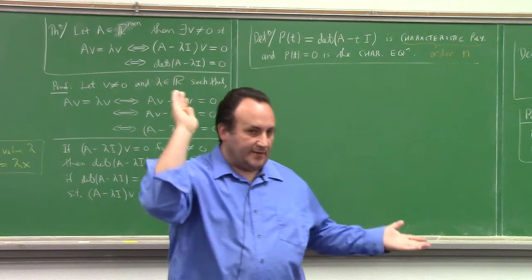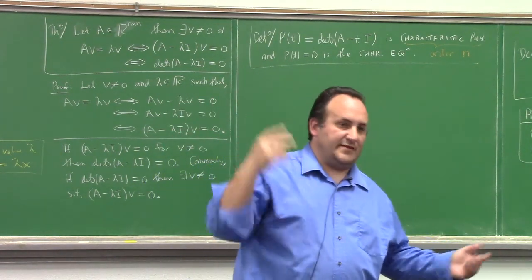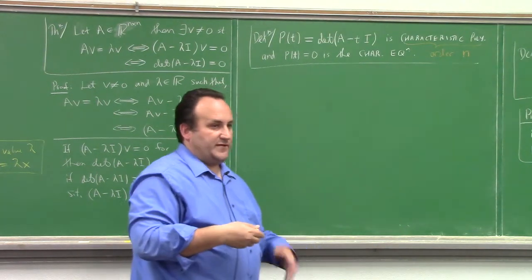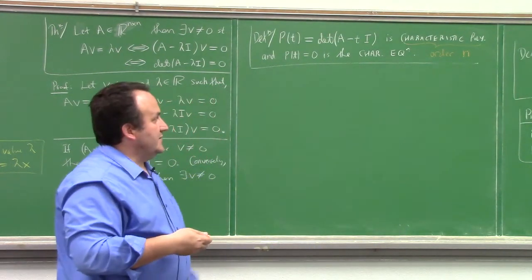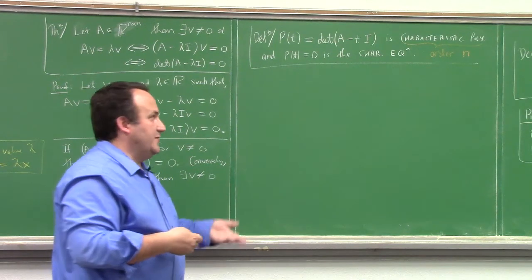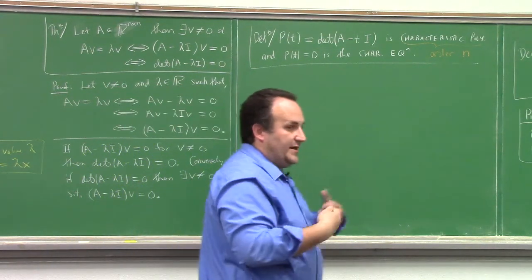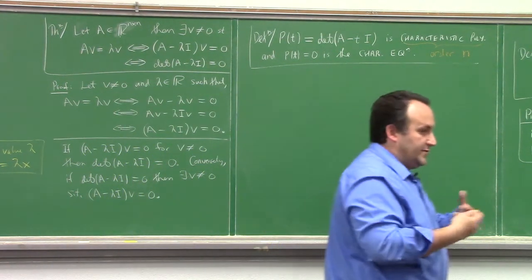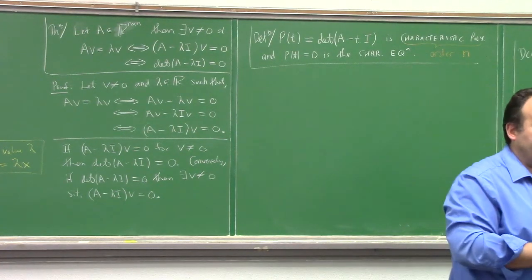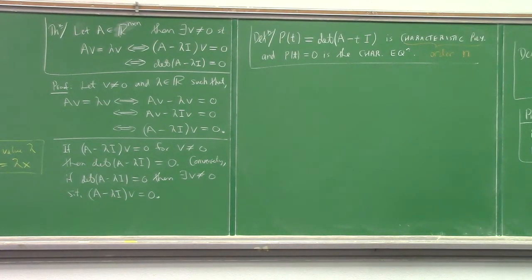Think about multiplying that out. The leading term is going to be t to the n times plus or minus 1. So it has order n. The fundamental theorem of algebra tells us that given an n by n matrix, there are at most n eigenvalues, and they don't have to be n.